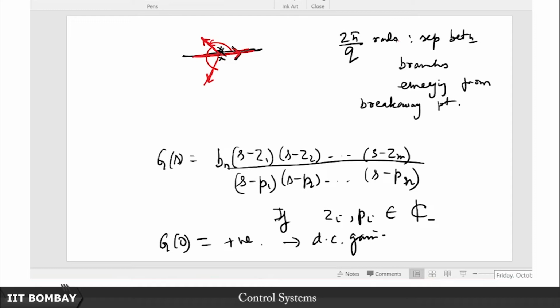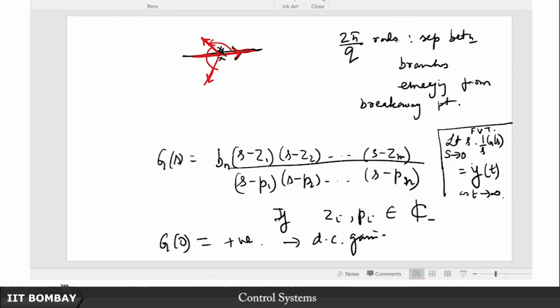If you give a constant input, say a step input, then when you apply this limit, s tending to 0, s times 1 by s times g of s, this is just an application of the final value theorem. This is going to be y of t as t tends to infinity, provided of course g is stable.